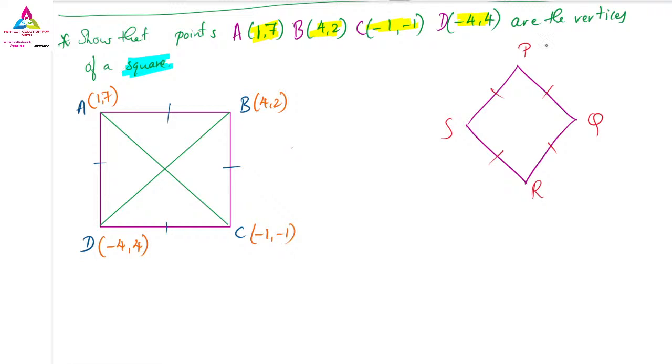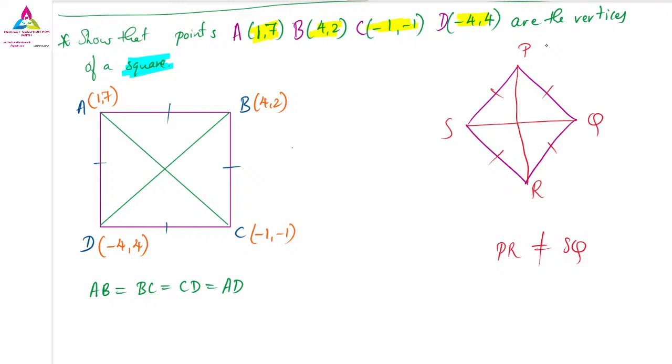Because in this rhombus, the diagonals that we are going to draw, PR and SQ, will not be equal. If they are equal, then it turns into a square. This is the basic information you learnt in 9th that you have to remember. If it must be a square, AB must equal BC, which equals CD, which equals AD.